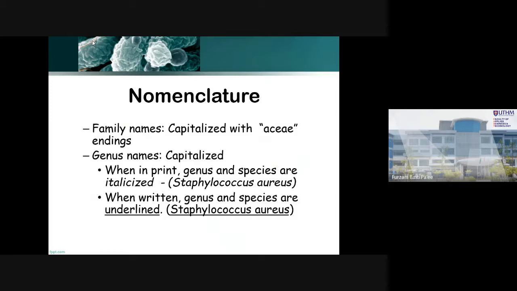When we type on a laptop or desktop, the genus and species have to be italicized, like this: Staphylococcus aureus. But when we write it down using a pen or pencil, the genus and species can be underlined, just like in the slide.